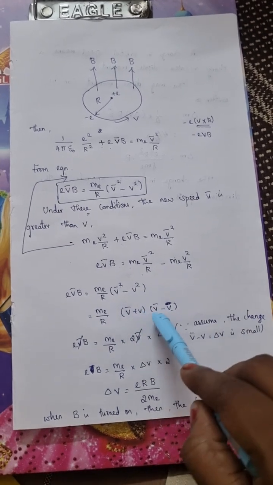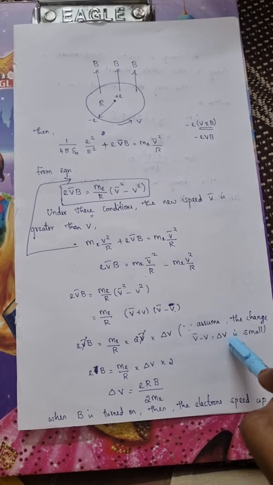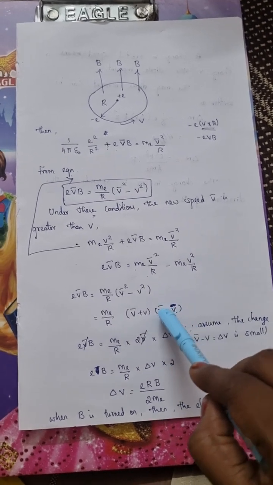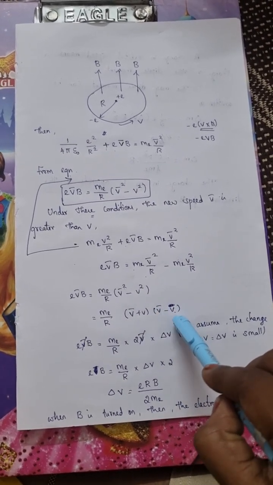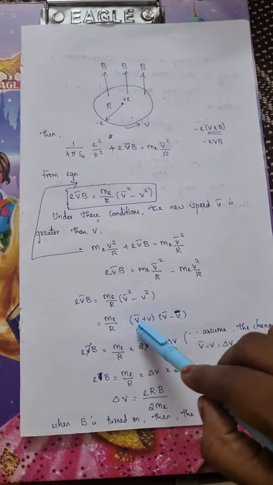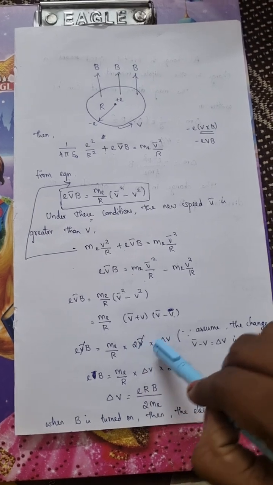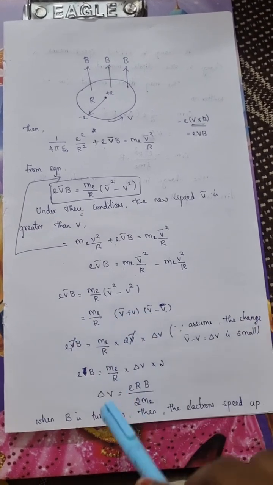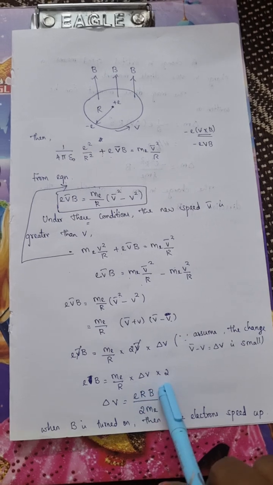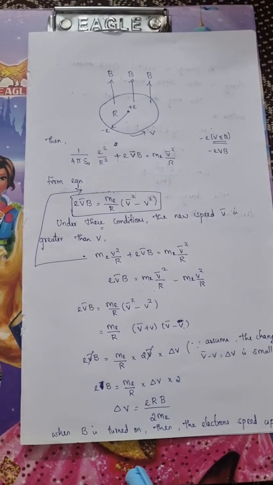Here we assume the change, v bar minus v, that is delta v, is very small. Since the difference between the old speed and the new speed is very small, we can assume they are nearly equal. So it can be written as 2 v bar into delta v. The v bar cancels, and delta v equals e r B by 2 m.